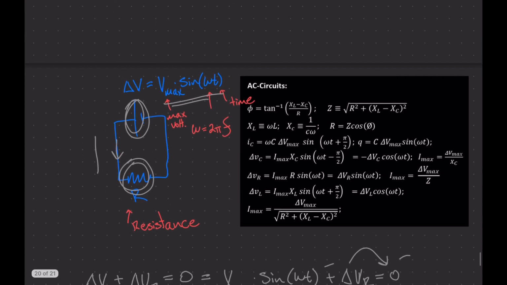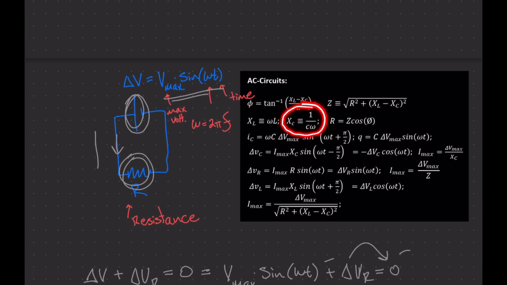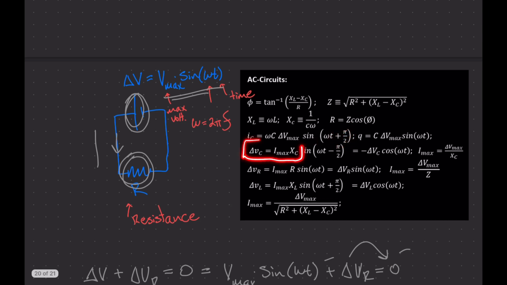And you can see that in the equation sheet over here. So if you remember Ohm's law, you actually get to this stage. And if you take a look at this, the voltage drop across the capacitor, you can see it depends on this sine function, right? We will see why this sine over here has minus pi over 2, and the sine over here has plus pi over 2 when it's for the current. But just take a look at the first stuff over here.